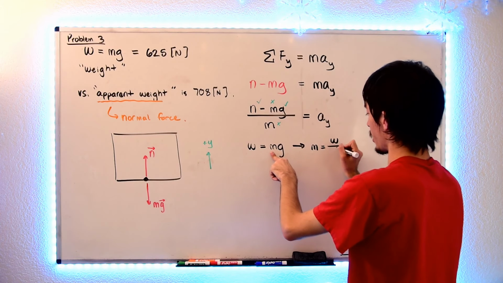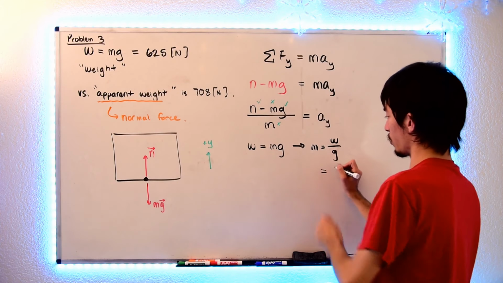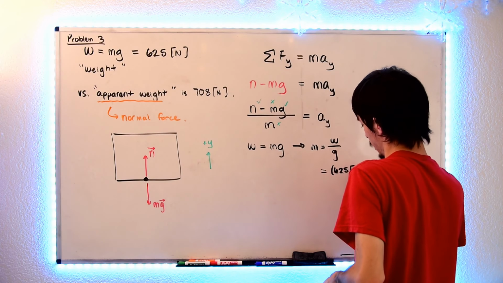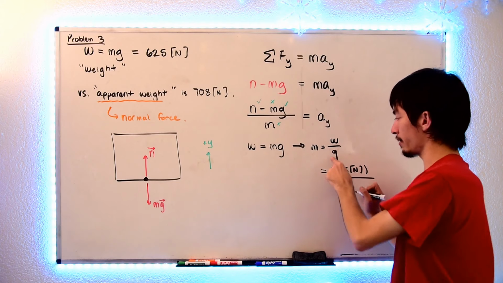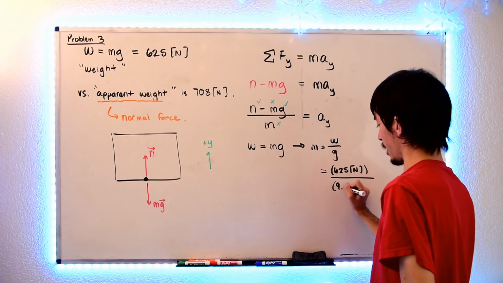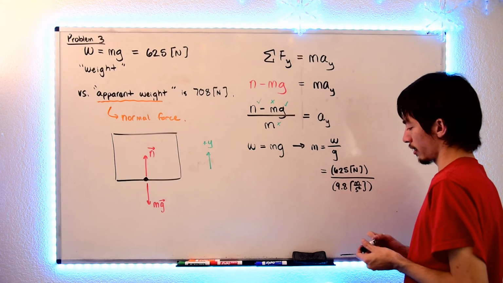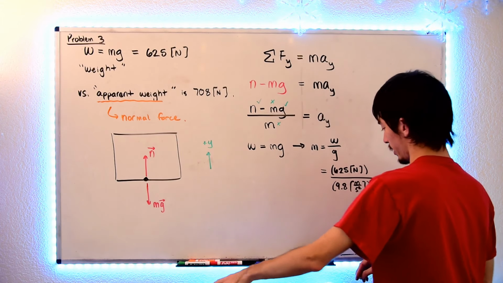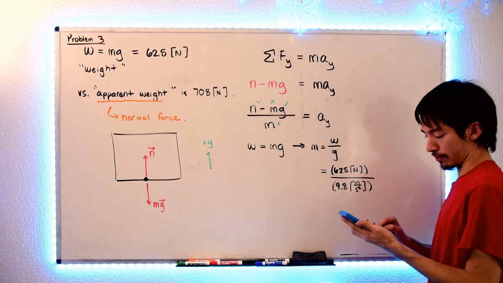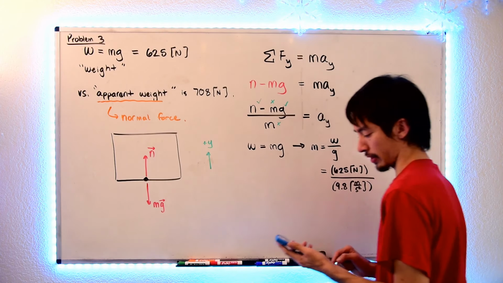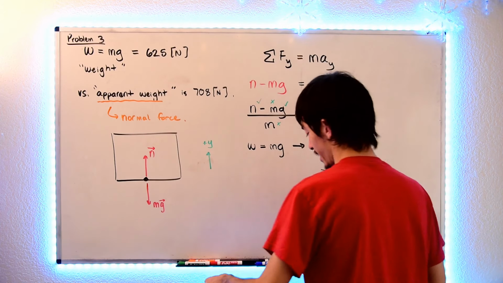So it's the weight divided by gravity. The weight is 625 newtons divided by the value of g, which is 9.8 meters per second squared. Let's calculate that real quick. 625 divided by 9.8, 63.8 is what we get.